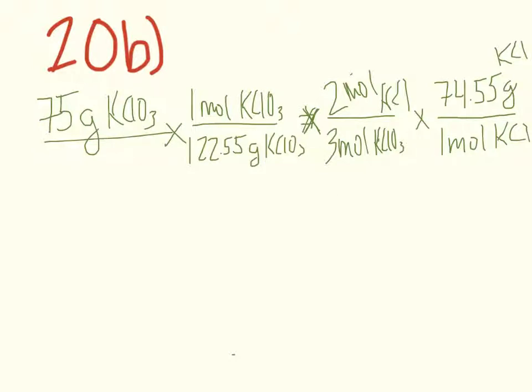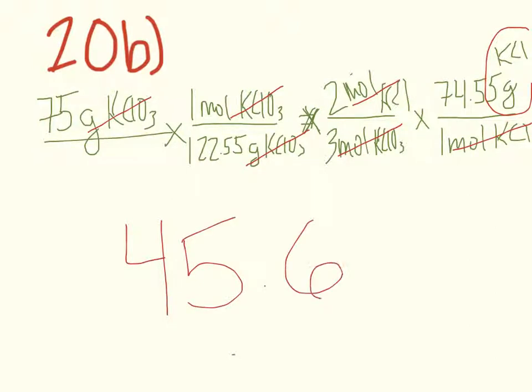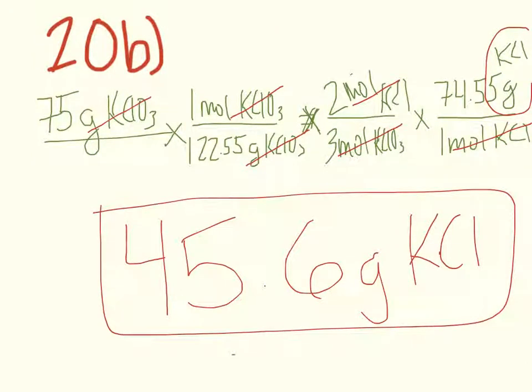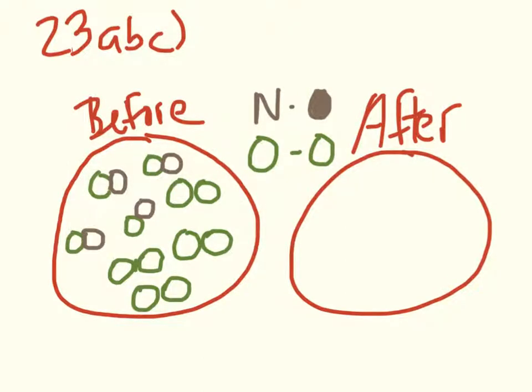Just like before, my grams of potassium chlorate cancel out, my moles of potassium chlorate and moles of potassium chloride cancel, leaving me with grams of potassium chloride, which is 45.6 grams. Ta-da!